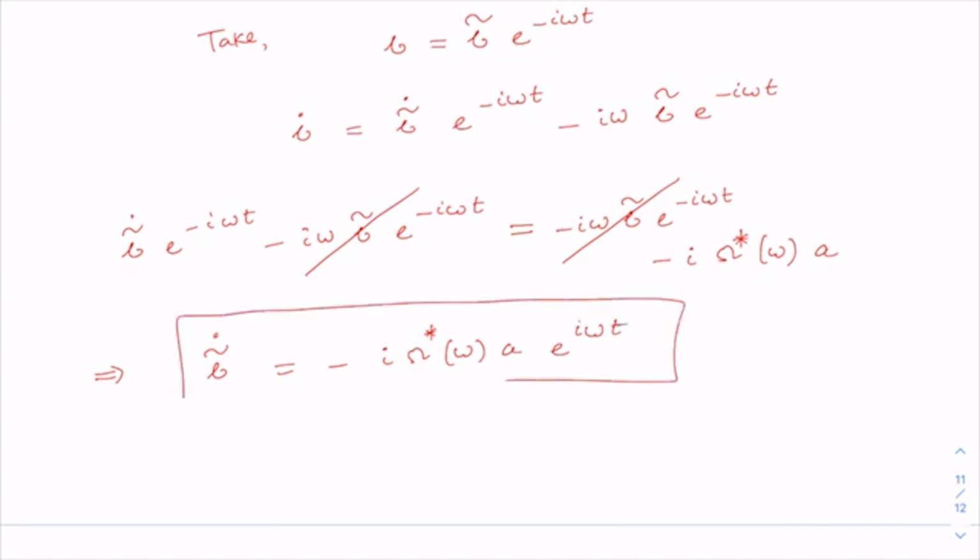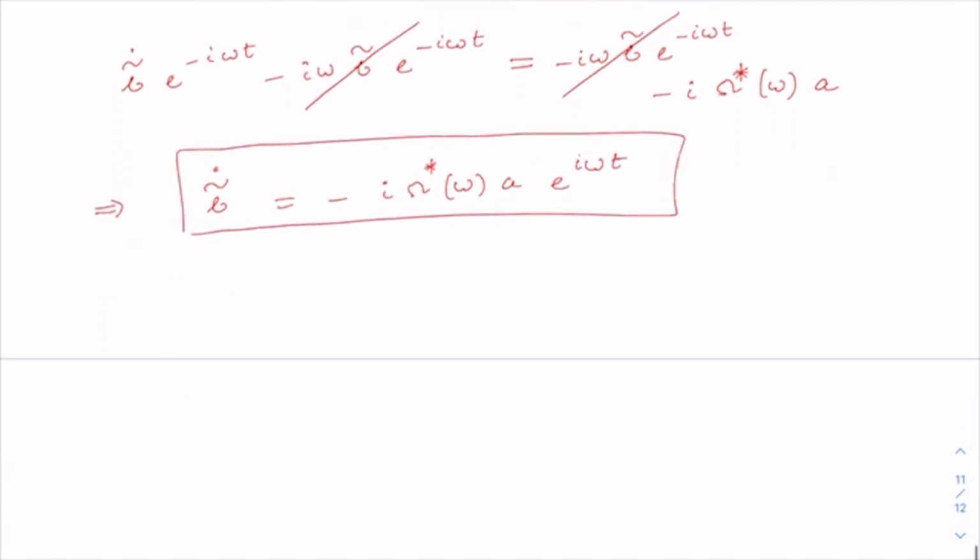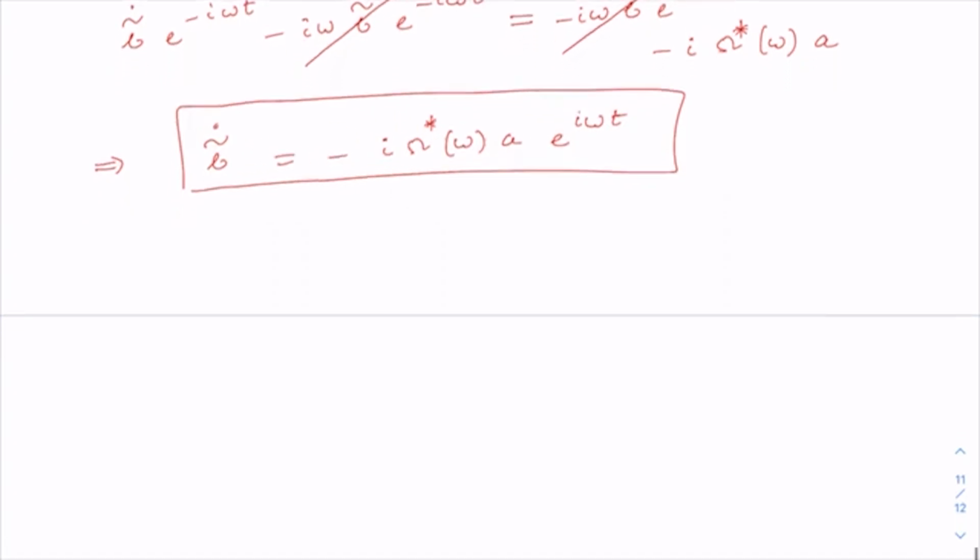Now let me integrate both sides from some initial time t0 to some time t, and accordingly here also I have minus i omega star times the integral from t0 to t of a of t dash e to the power i omega t dash dt dash.